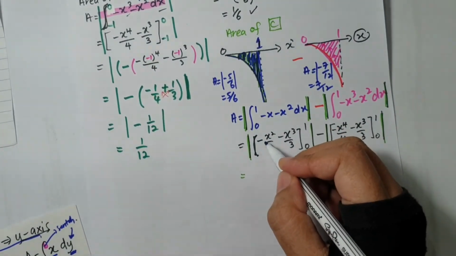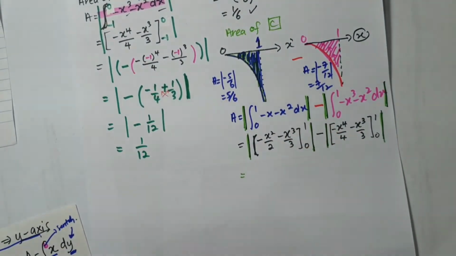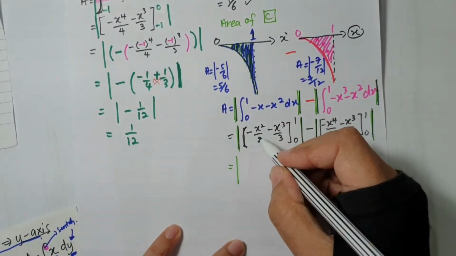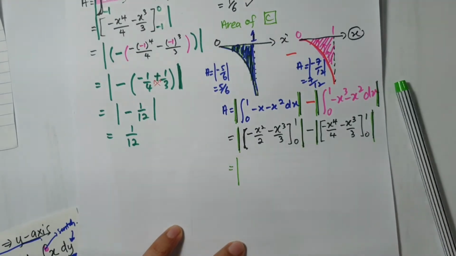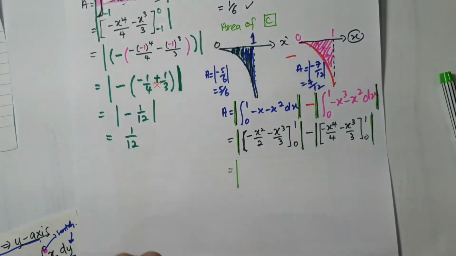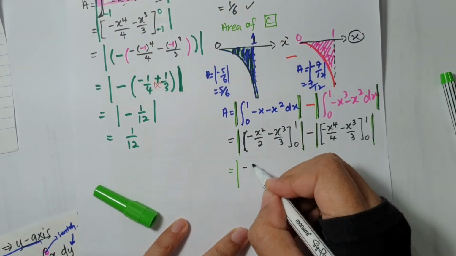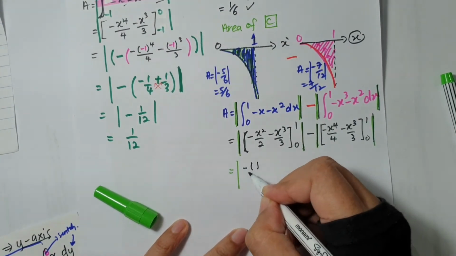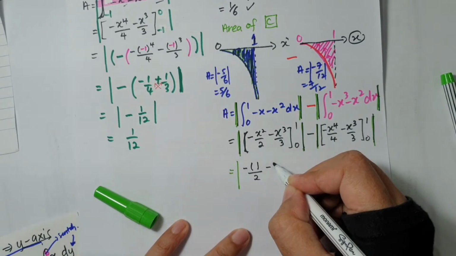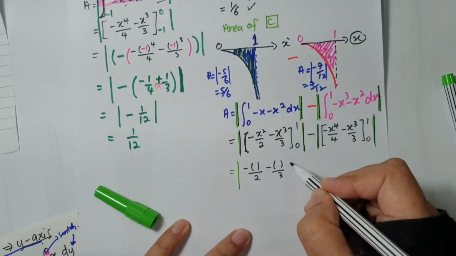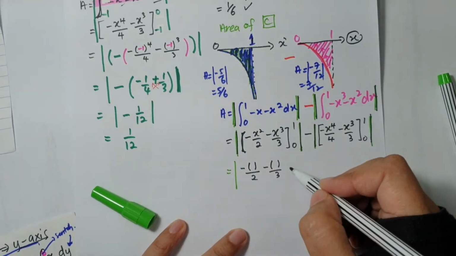Okay, first put in 1. Okay, lepas tu you kena minus. Masuk 0. So minus tak payah tulis.